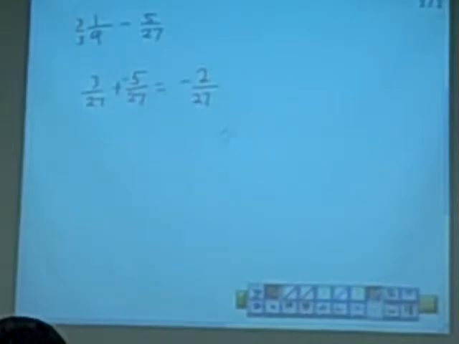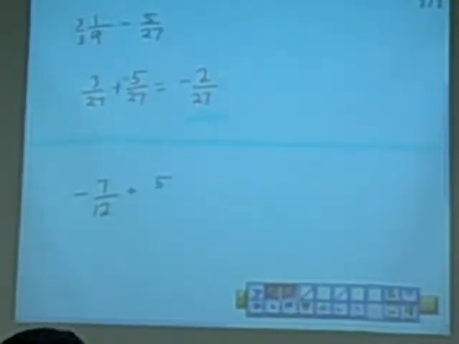Okay? Any other questions with that? Alright, so now if we have -7/12 plus 5/8, we can't multiply 8 times something and get 12, right? So what we need to do is get a common denominator.